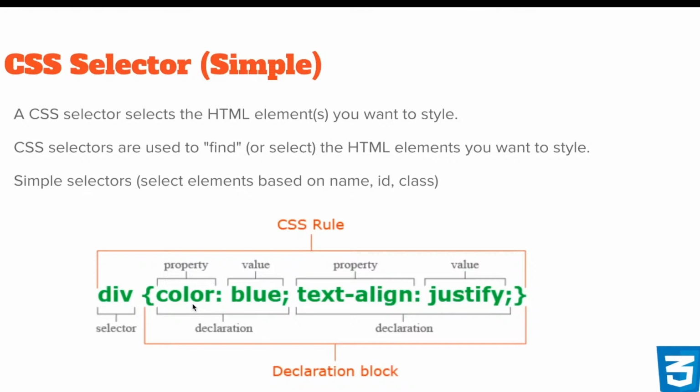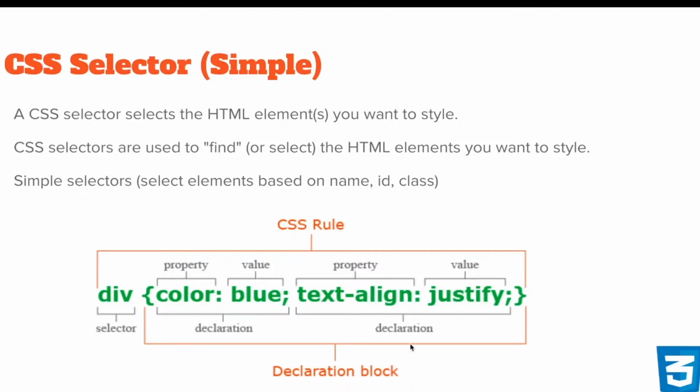The first declaration has a property and a value. The second declaration has a property and a value. All these properties, you will learn over time, and you should know what each property does. It's like you are trying to color something. You need to know the name of what you need to call and then the value. We'll get to talk about the properties later, but this is what they call a syntax.